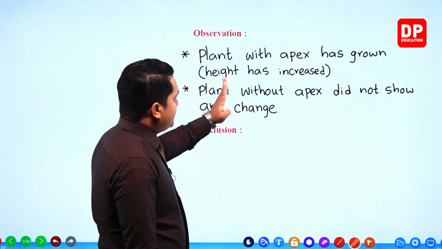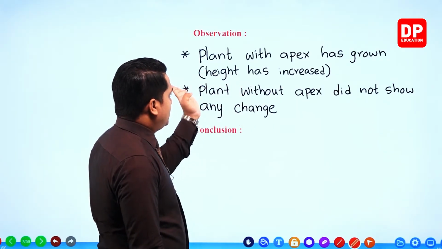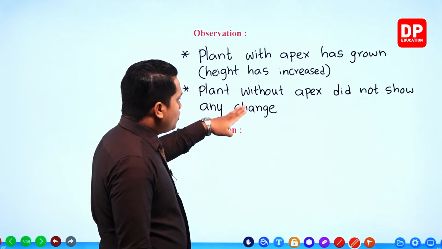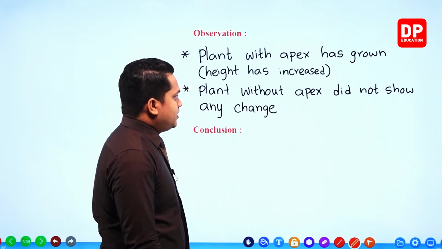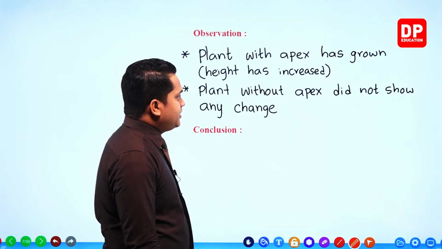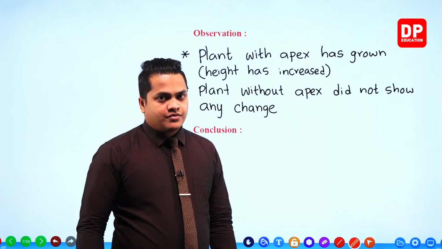So the plant with apex has grown, height has increased. The plant without apex did not show any change.